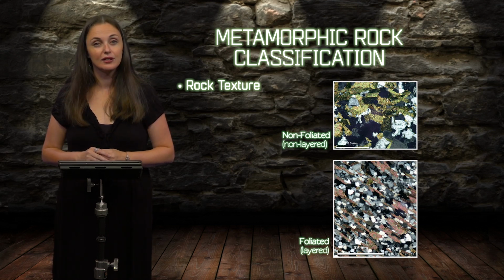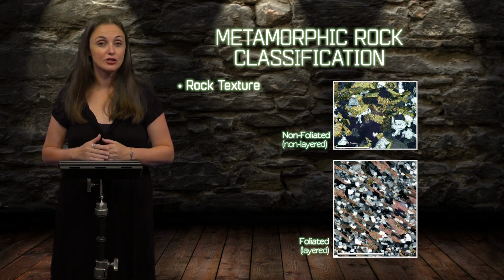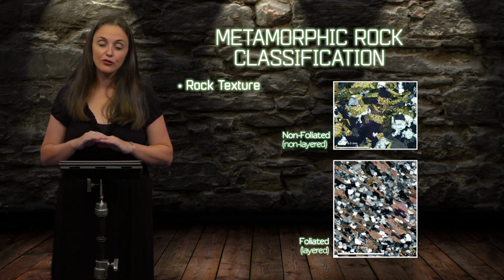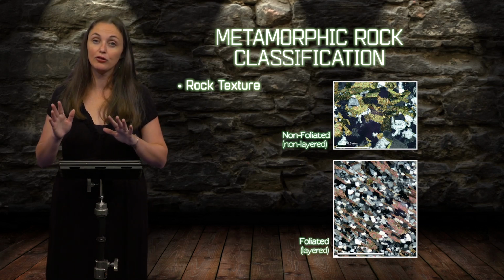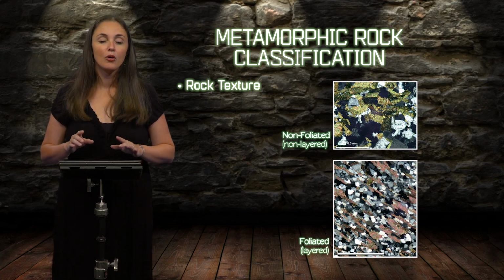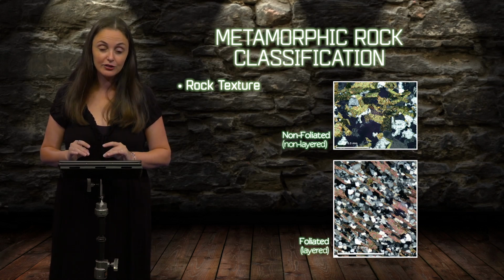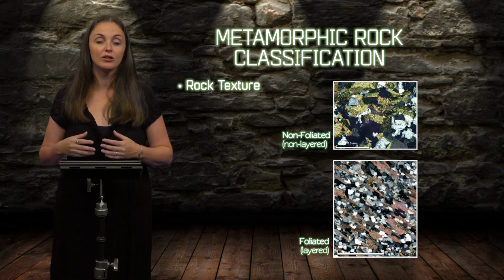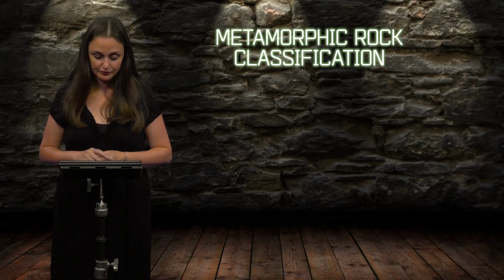So you can see in these images which one's foliated, which one's non-foliated, and the direction of the foliation in the foliated sample. So that's our first basis. We take all of metamorphic rocks and we're going to basically say they're either foliated or non-foliated. Whether or not they're foliated or non-foliated often, not always, but often gives us an indication of what type of environment, what type of metamorphism has taken place to form those rocks.